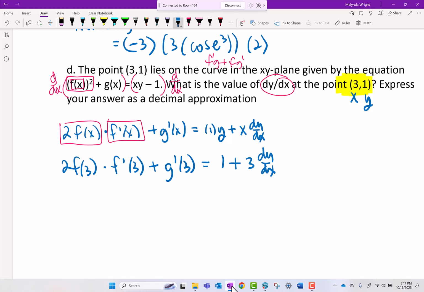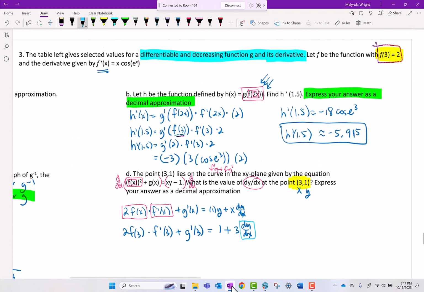And by the way, what we're looking for is dy/dx. I'm not solving for it yet because that's just too hard. I'm going to do all the numbers first and then solve for it, because that's a lot going on. So f of 3, what do you think f of 3 is? Bless you.